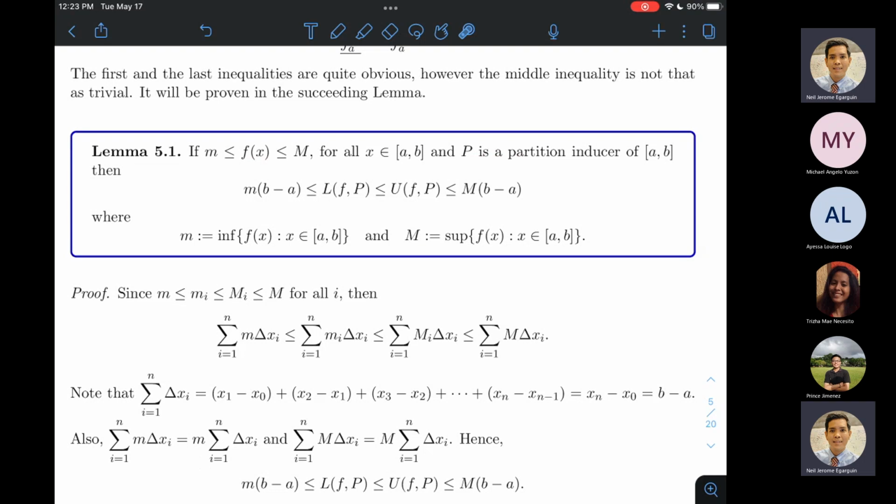So kung fix si F, which is bounded with minimum little m and maximum capital M throughout the interval, then sabi niya itong inequality na to ay totoo. Okay?